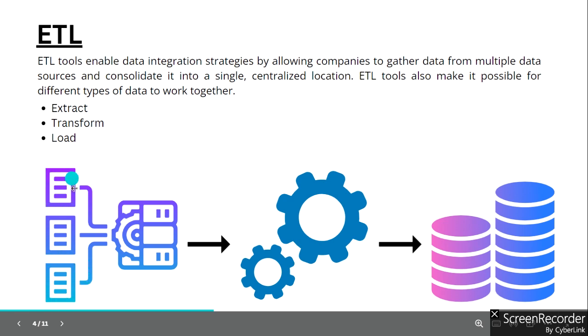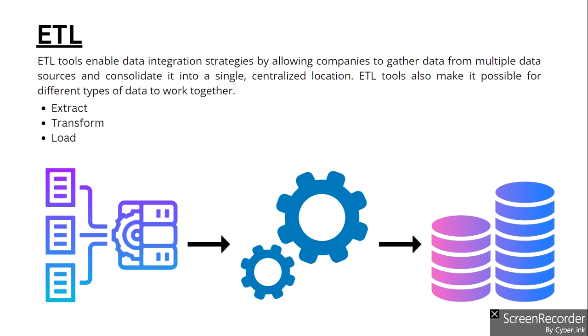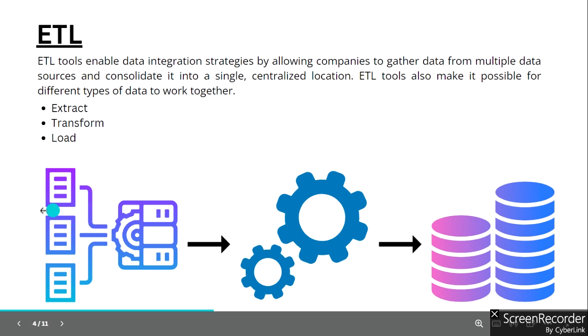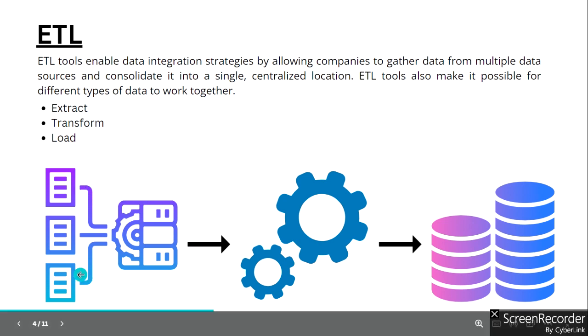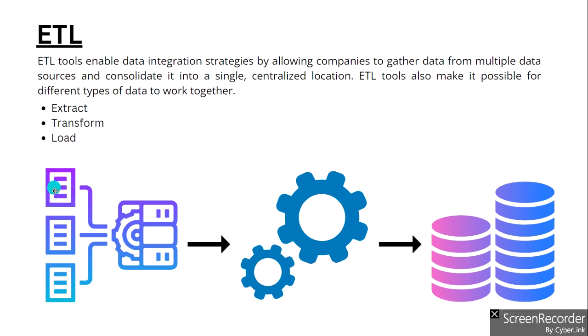All these three which contain data are called data sources in the domain of data engineering. When we connect multiple data sources in order to extract information and get that at one specific location, that is the process of extracting, where we extract the information from different data sources and collect it at one specific location. So that is my extracting.